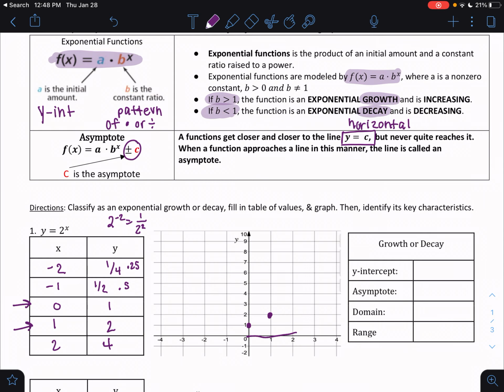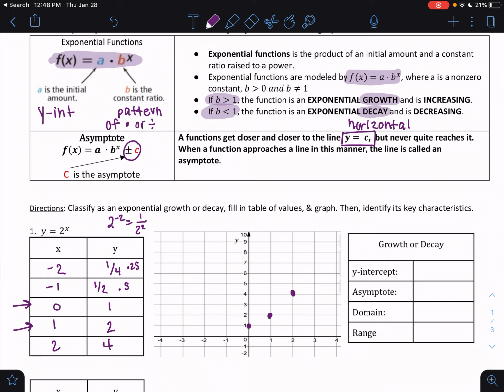And then over 2, up 4. Now I'm going to go over to my negatives. Over -1, and then up just a half. Over -2, up just a fourth. Then we'll connect those and draw our line here.